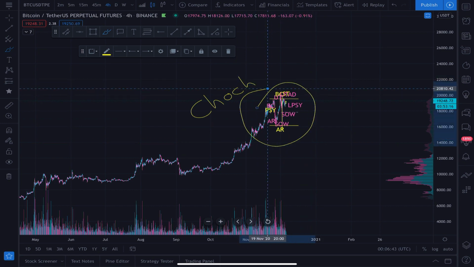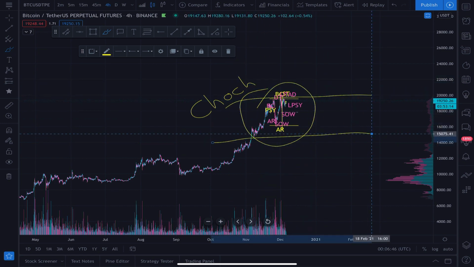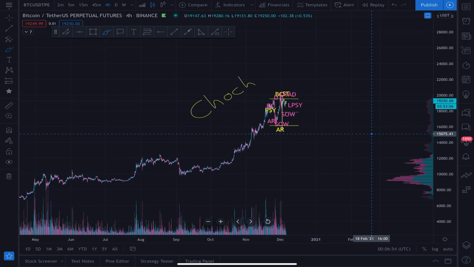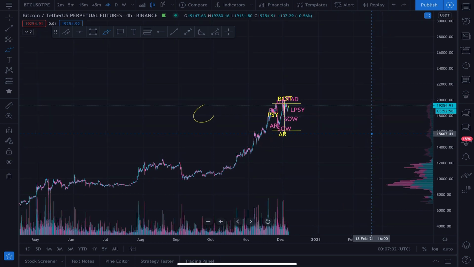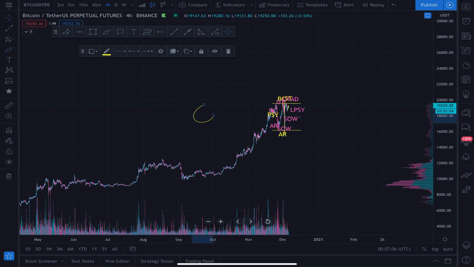Whenever you find a change of character, that's when you need to define the trading range so you can see how the price is behaving inside of the range to make a decision on bias, whether you're going to assume that it is bearish or that it is bullish.